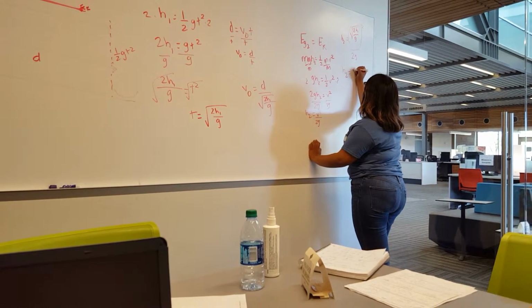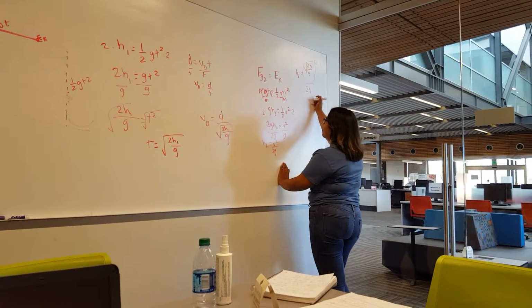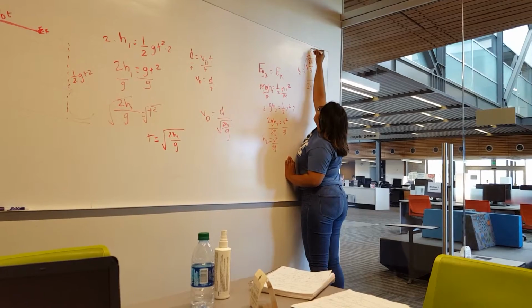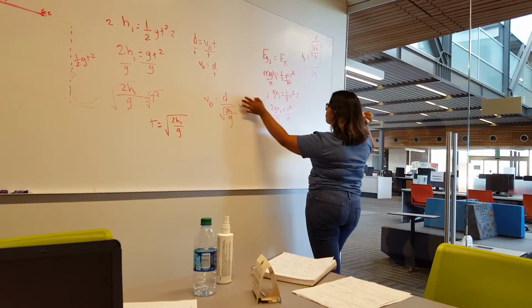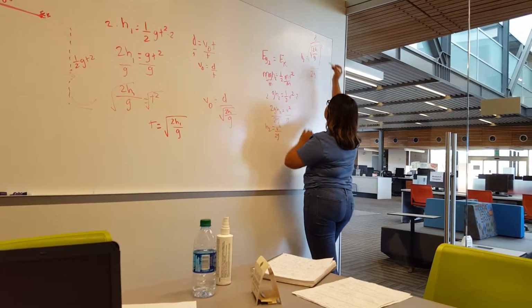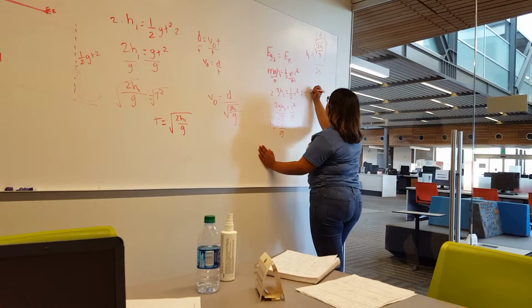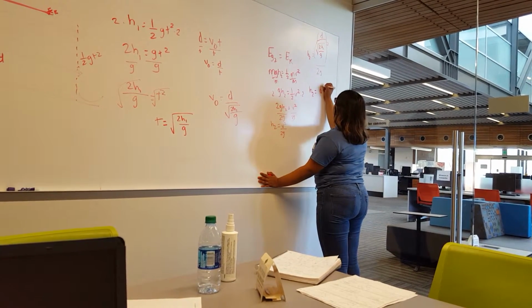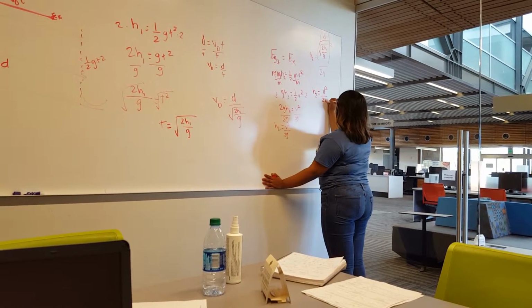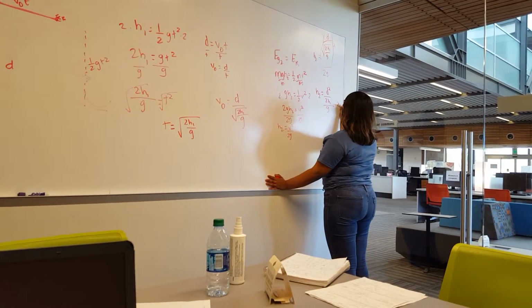I'm missing something. Okay, the reason I got confused is because I did solve over here correctly, but I forgot to plug in correctly, so I forgot my d. So if I carry that square root, I'll get h2 equals d squared over 2h1 over g, and then the 2g.